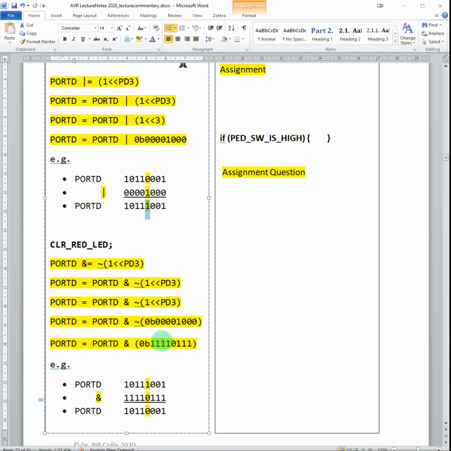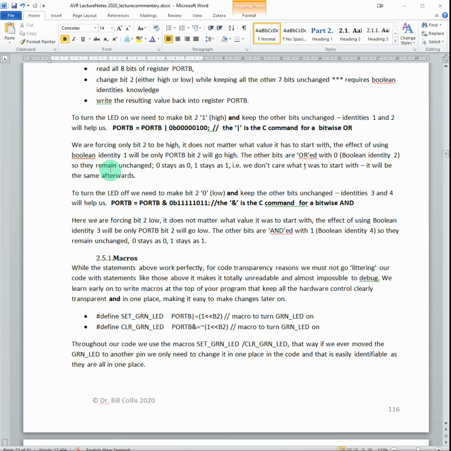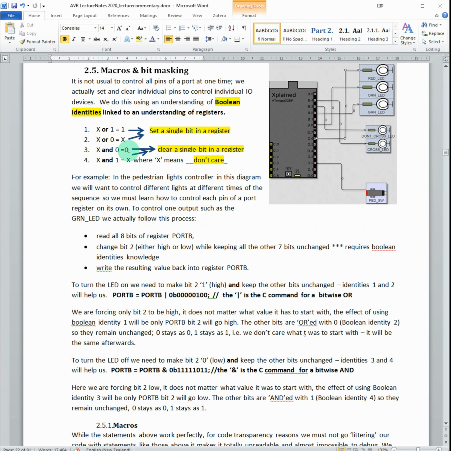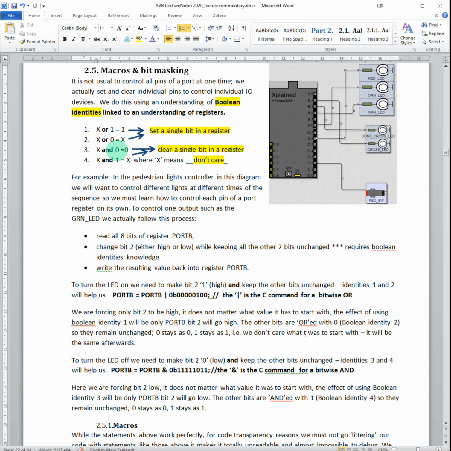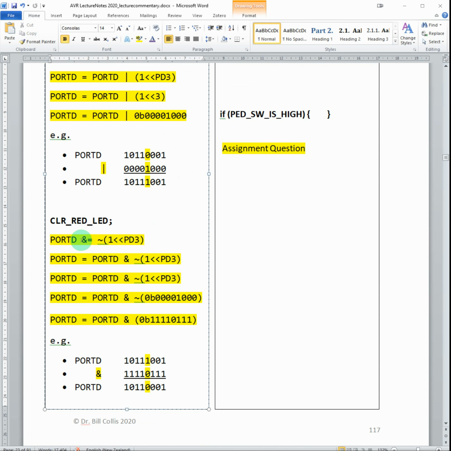Let's have a look at the equivalent, which is to clear the red LED. When we want to clear the red LED, we want to force a bit to 0. Looking at our Boolean identities, the way we force something to 0 is we AND it with a 0. So we're going to AND the specific bit with 0, and the other bits we're going to AND with 1 to make sure that they keep their existing values. We're going to unpack this one in exactly the same way. Again, this contraction is just expanded into this.